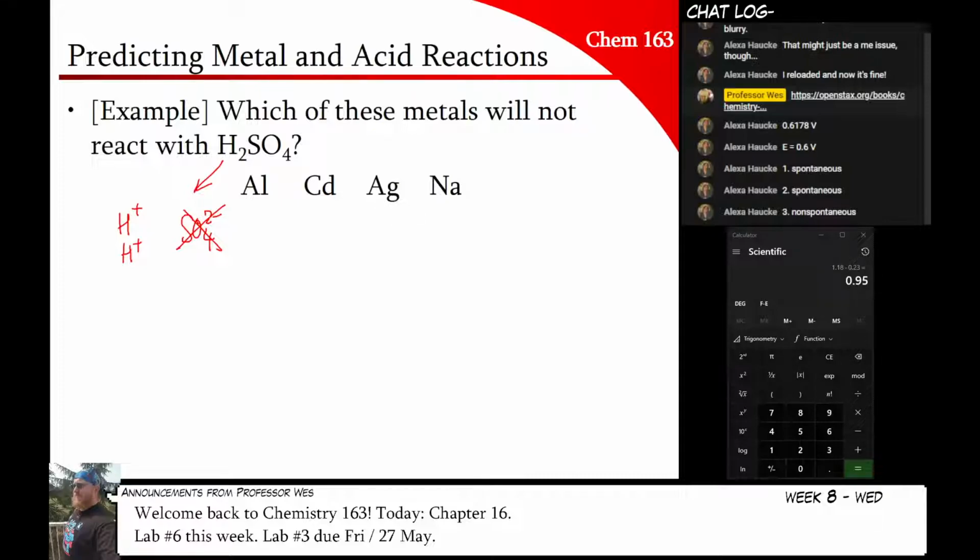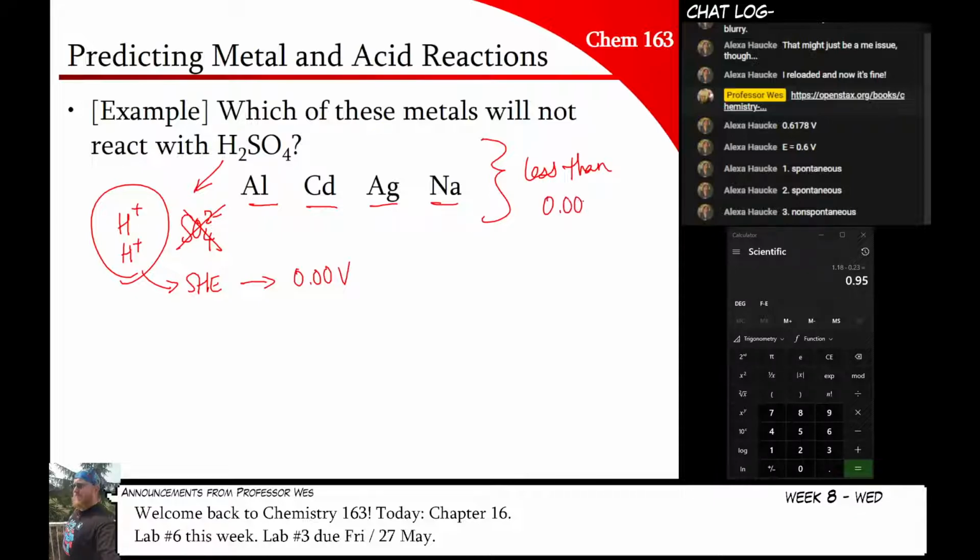So H+ is the only species in here. So what are we going to be looking for? Well, my metals could potentially react with H+, and so this would be the SHE. And therefore, anything that has a voltage less than the SHE for its reduction potential will be easily oxidized by the H+.